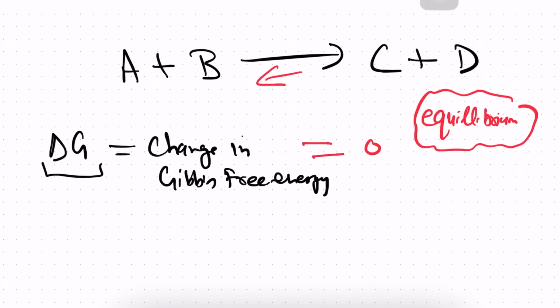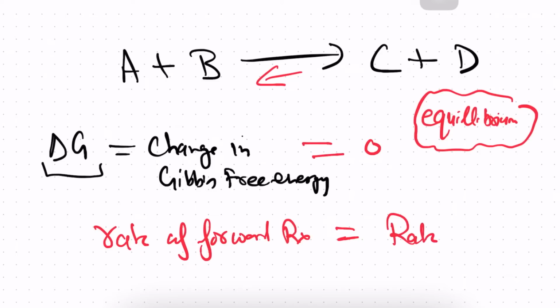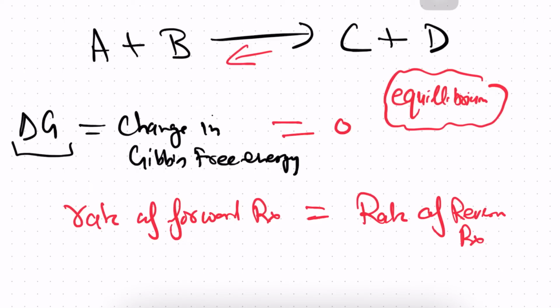In the case of equilibrium, the rate of forward reaction is equal to the rate of reverse reaction. The rate of forward reaction means the rate at which A and B react is the same as the rate at which C and D react.